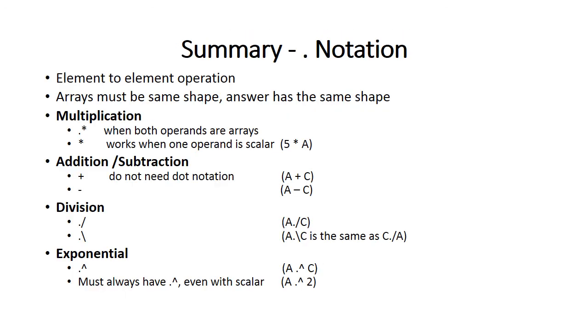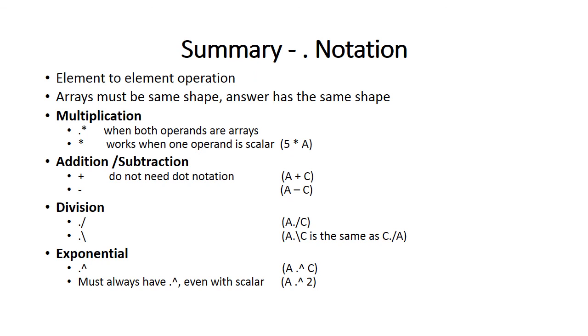So as a summary, what is the element to element operations for all the examples that we've looked at? When you do multiplication, it's the operation dot multiply when both the operands are arrays. When one is a scalar, you simply just say multiply. For addition and subtraction, it's just the plus and the minus sign, but it's still element to element.